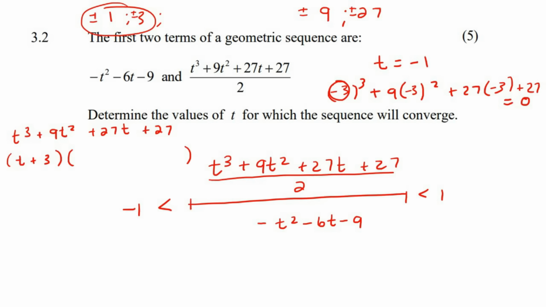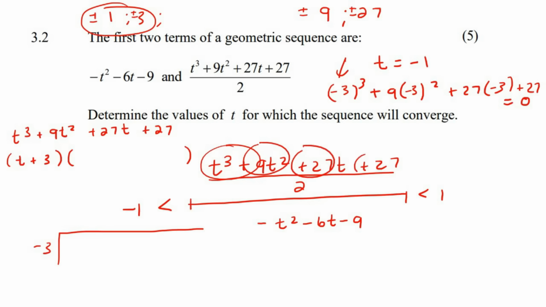So the way that works is you take this number that we used over here, which is negative 3, okay, and you put it over there. Let's write it over here instead. And then you put like some type of block, and then you just take the beginning number or the coefficients of all of those. So what do I mean? It's going to be 1 for the t cubed, 9 for the t squared, 27 for the t, and 27 for just the normal part.